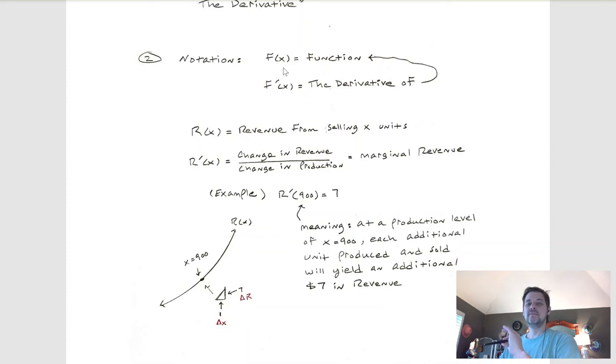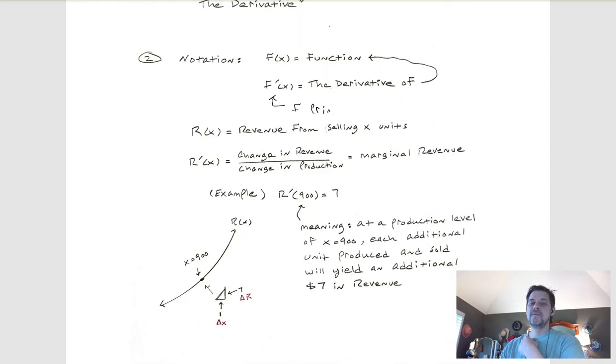So let's say f of x is some kind of function, some kind of formula. And this thing right here, do you see it's an f with an apostrophe x? Okay, that's what the derivative is. Whenever we write the f apostrophe to differentiate from the f of x, the f apostrophe is read f prime.